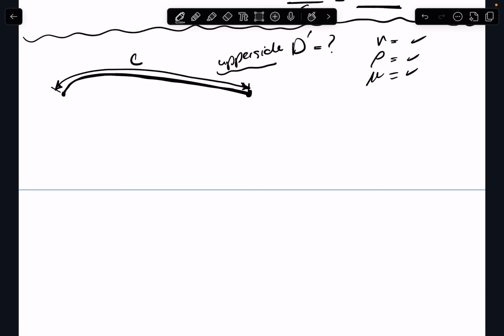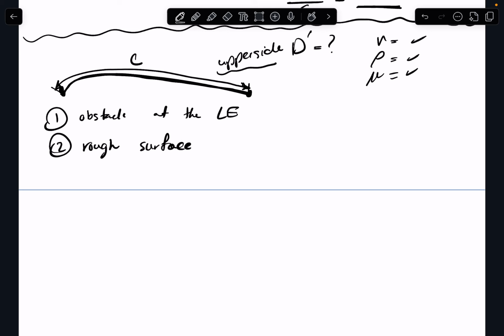Whenever you see any problem like this, the first thing you want to do is check to see if there is any mention of tripping to turbulence. It can be an obstacle at the leading edge, or a very rough surface. These two scenarios can cause a turbulent flow from the beginning.